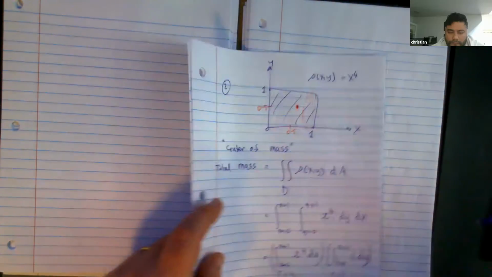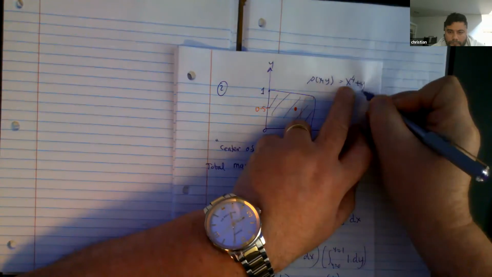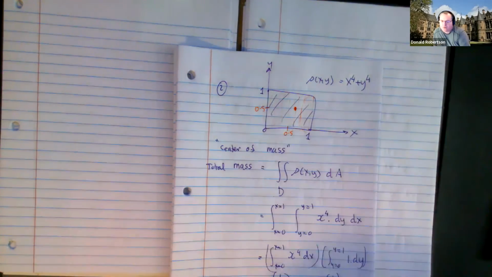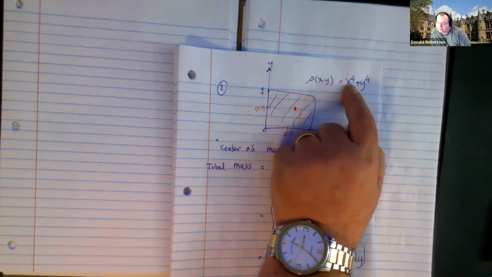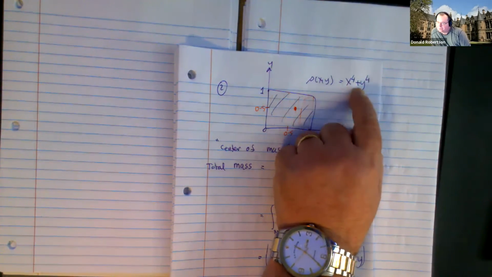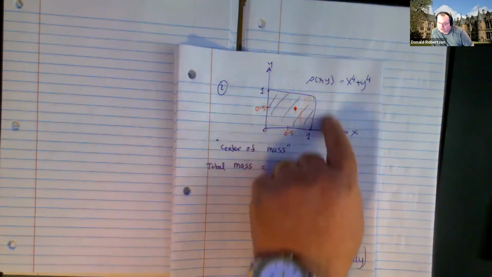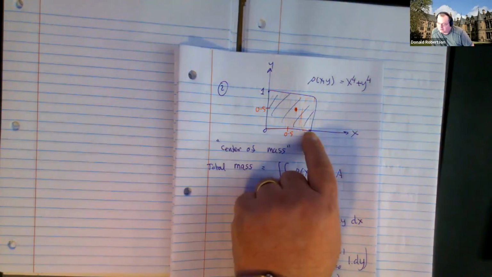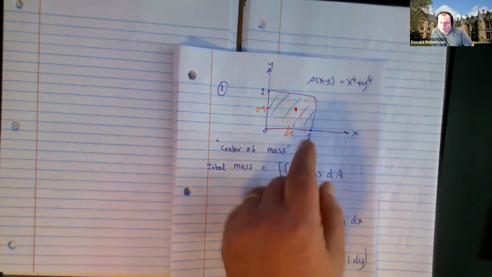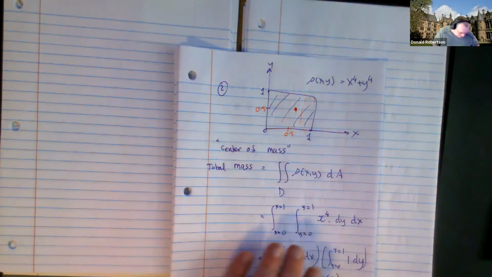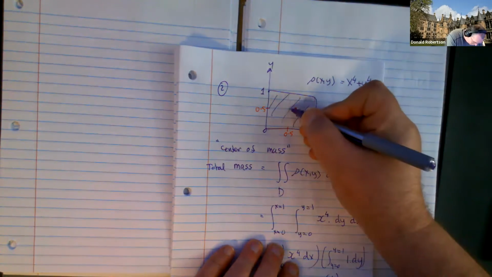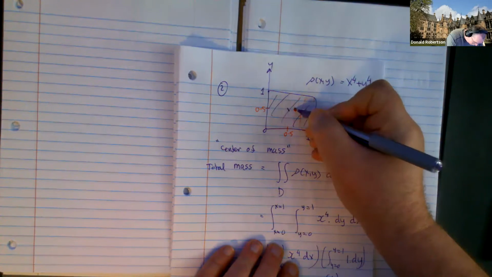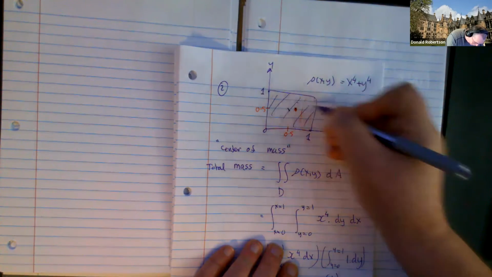This question, it didn't work. But can we pretend for a minute that the density function was that? Would you agree that's symmetric? And would you agree that this region is symmetric? Then wouldn't the x bar and the y bar be the same? In which case, I would be going, what was that, 0.6, 0.6, right?